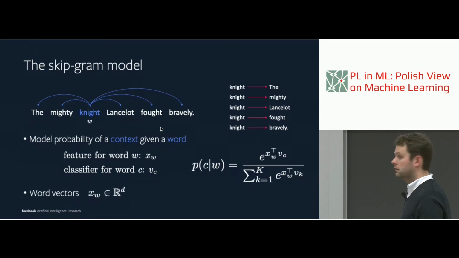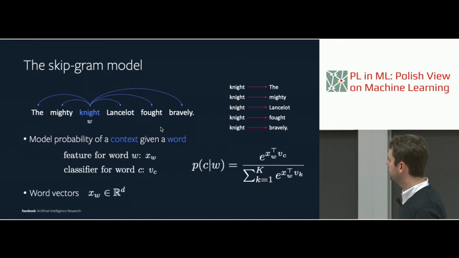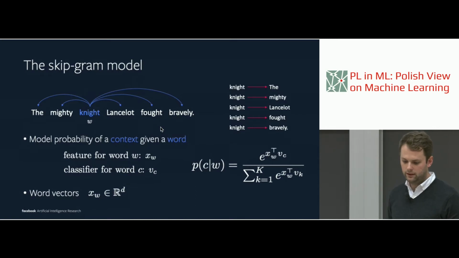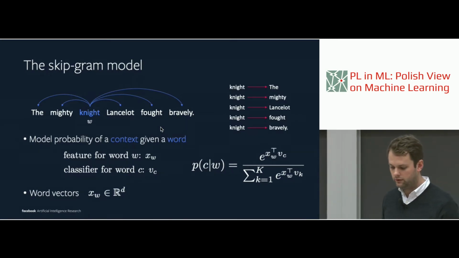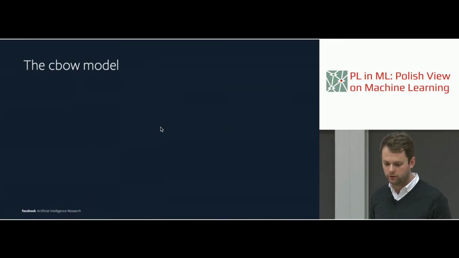And once you've trained this model on your data, the word vectors are basically gonna be the features that you had in your model.